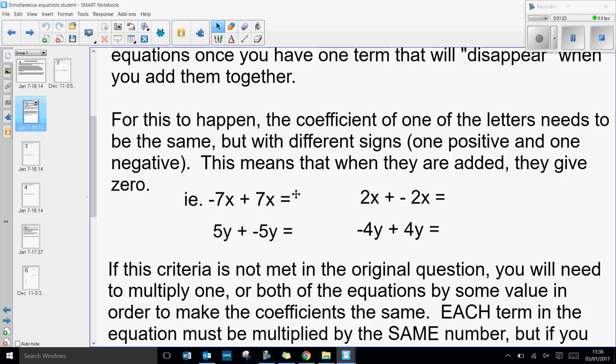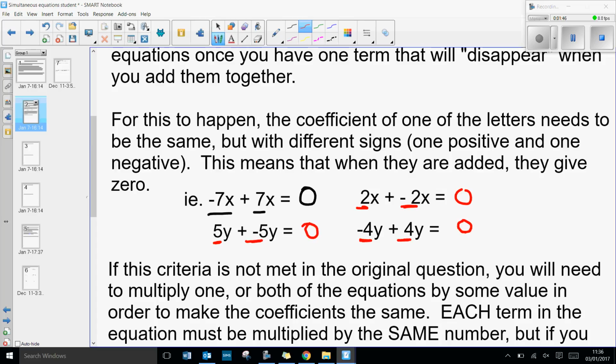For example, negative 7x plus 7x becomes 0. 2 plus negative 2 becomes 0. 5 plus negative 5, 0. Negative 4 plus 4, 0. It doesn't matter what the letter is: because the numbers in front of those letters are the same value but opposite signs, it will eliminate them.